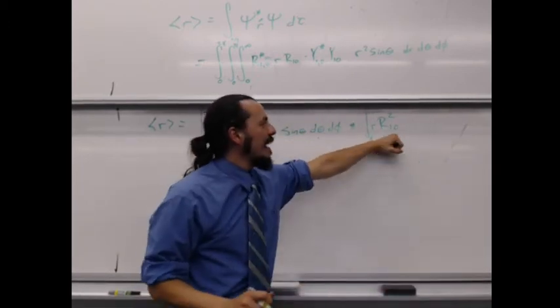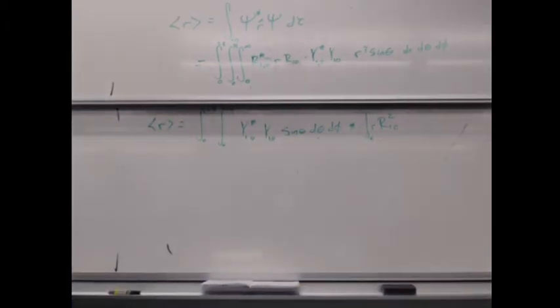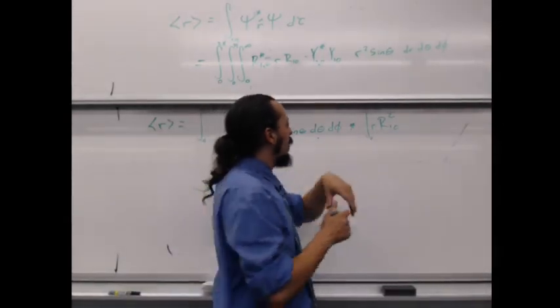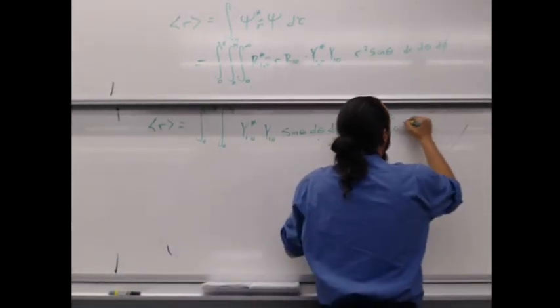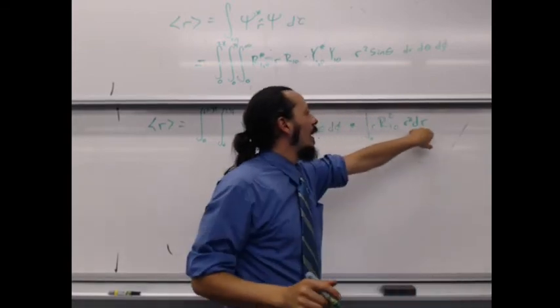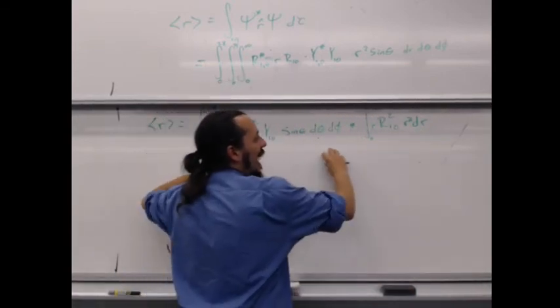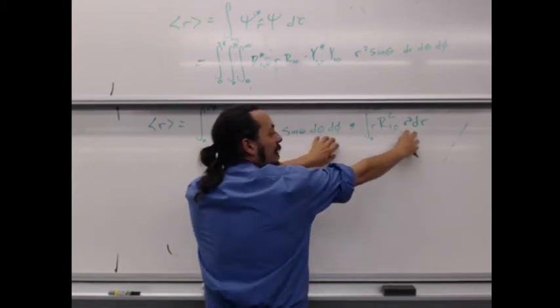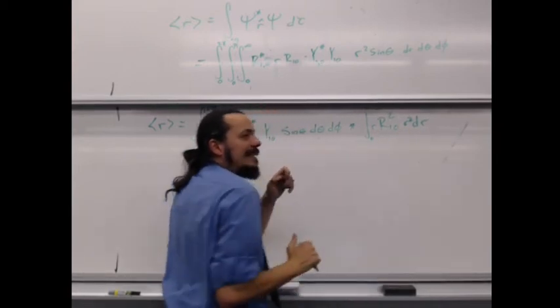Here I'm taking that shortcut of recognizing that those radial functions are all real, so I don't need to worry about the star part. And I'm just doing R10 squared, r squared dr. Taking that correct volume element, since I'm now in three-dimensional space, I end up with that r squared term from the theta and phi part, and I bring that along with my dr portion, doing the proper integral in three-dimensional space.